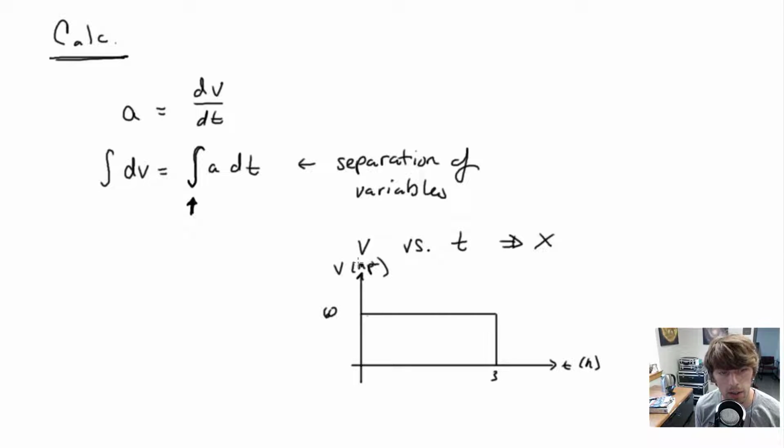You have taken the velocity versus time graph and found the area beneath the curve. You multiplied 60 by 3, that's finding the area of this rectangle. That is what this integral sign is doing. It's a fancy way of saying, take the two numbers, multiply them together.